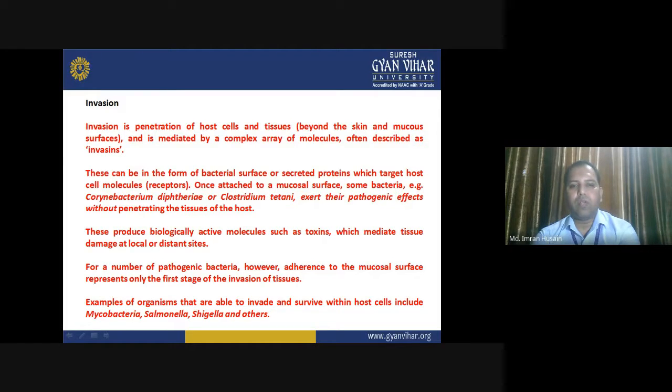For a number of pathogenic bacteria, however, adherence to the mucosal surface represents only the first stage of invasion of tissues. Examples of organisms that are able to invade and survive within the host cell include Mycobacterium, Salmonella, Shigella, and others.